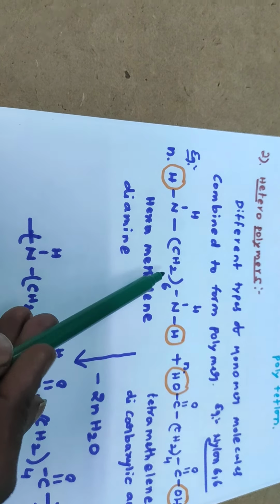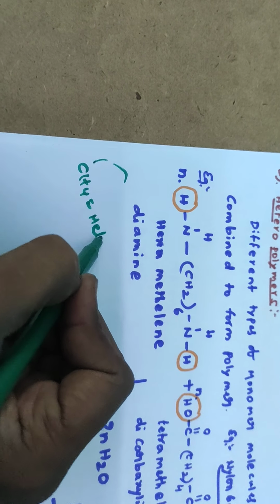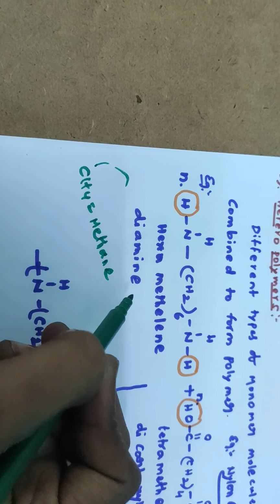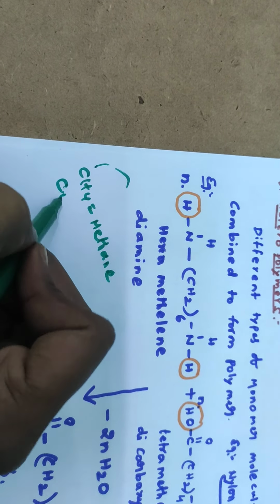First of all, what is CH4? CH4 is methane. What is CH3? CH3 is methyl. And CH2 is methylene. Here CH2 is present.